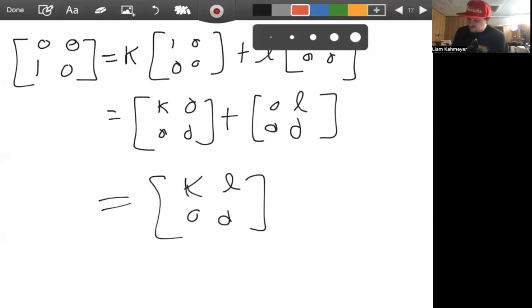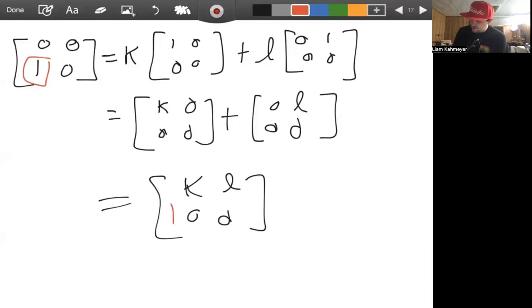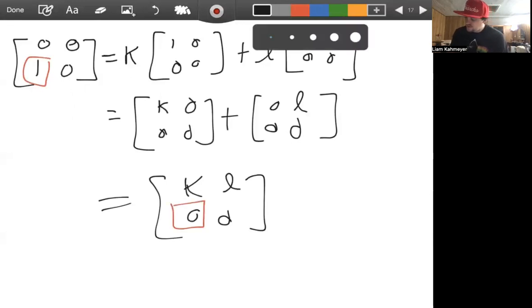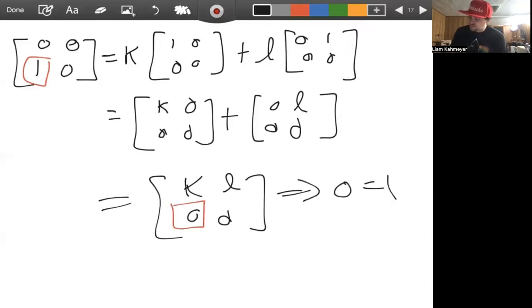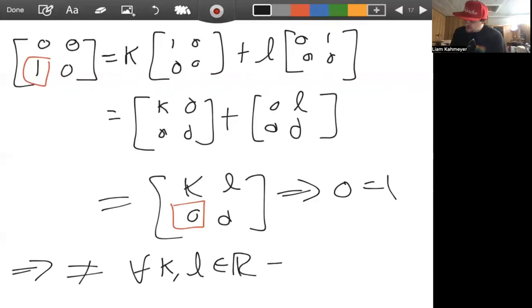But you can see again, for two matrices to be equal, every entry has to be equal. This implies that 0 equals 1, which implies that this is an inequality for all k and l in the reals, which implies by our lemma that R is linearly independent, right?